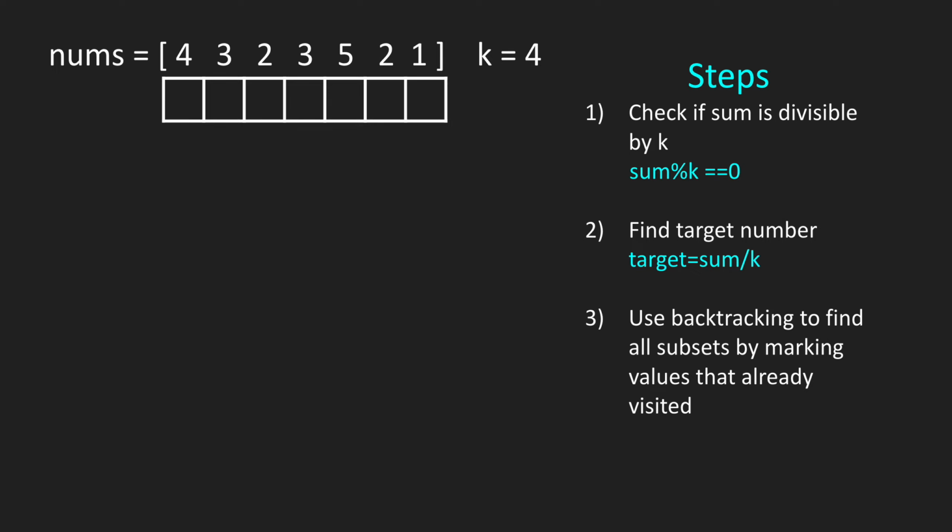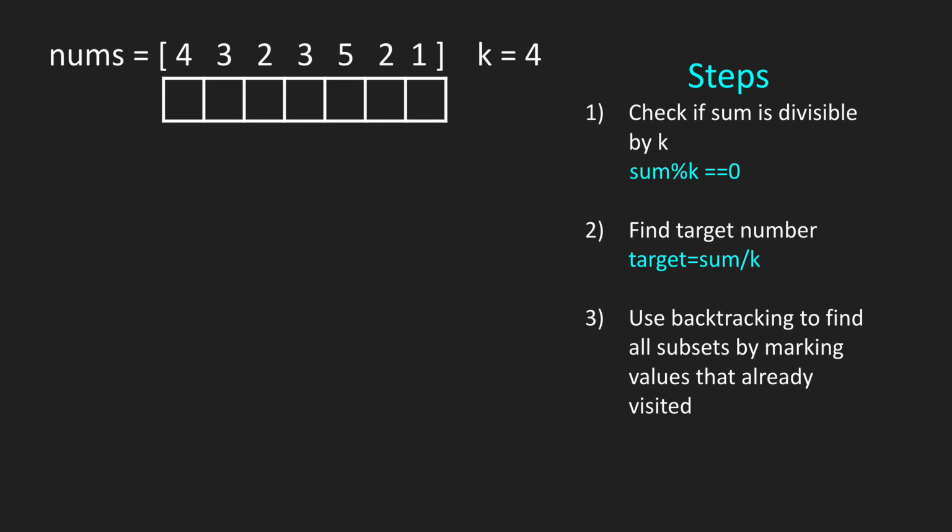The third step is that we need to find all possible combinations, all possible subsets, and we need to select those subsets whose sum is equal to our target.